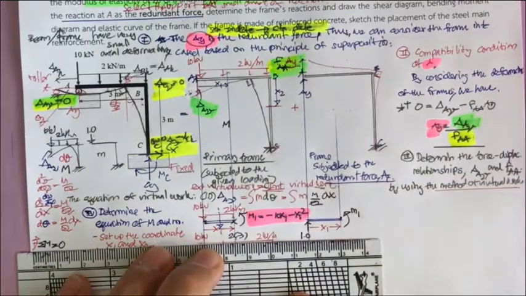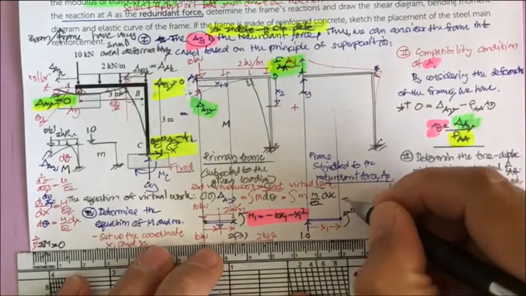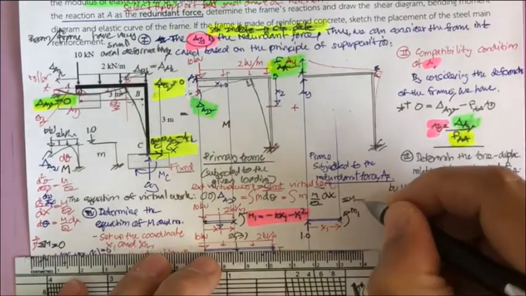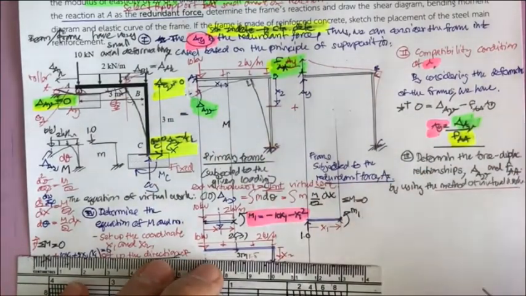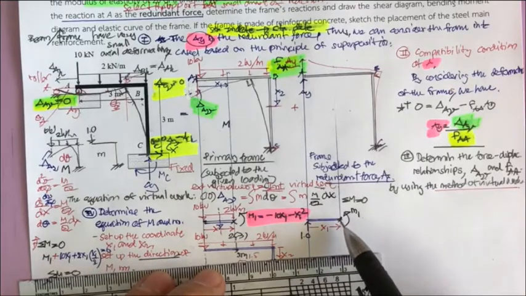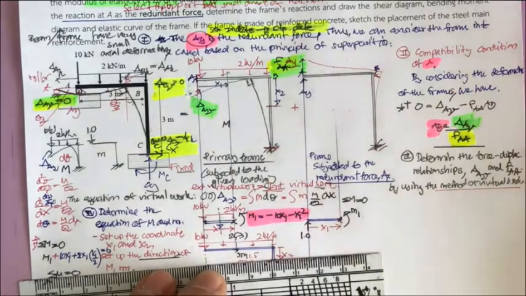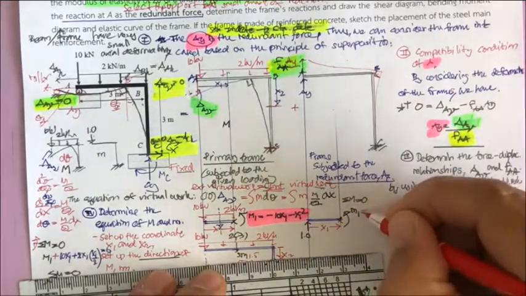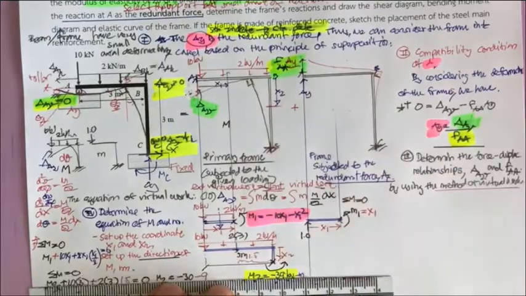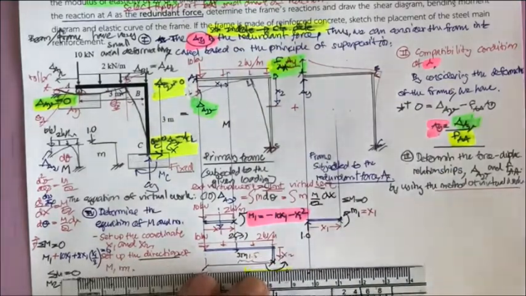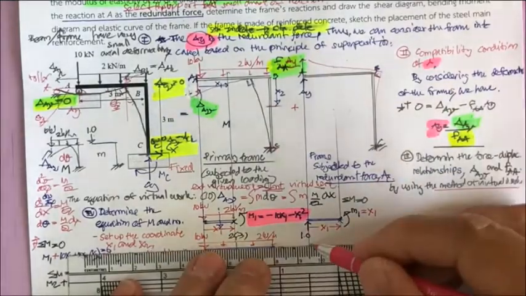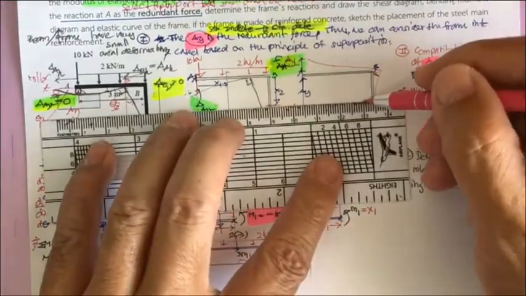m1, small m1. And if you do the summation of the moment here equal to 0, you can see this one is going to be really easy to determine what m1 is going to be: x1 equal to x1. Okay, and also for this, just cut it here.